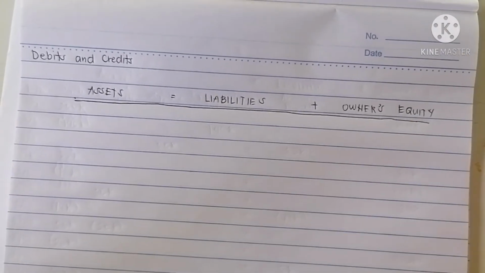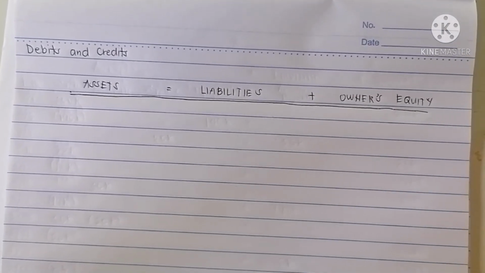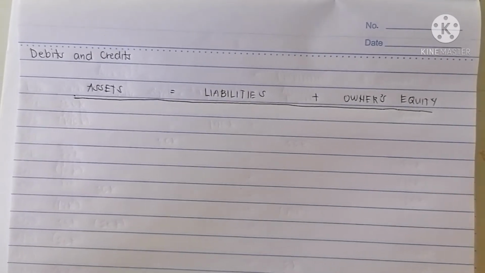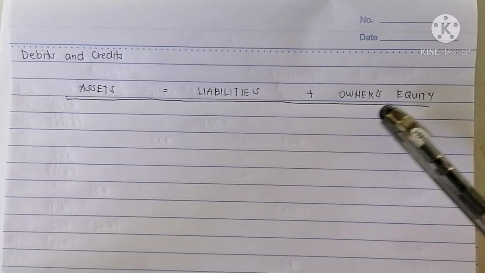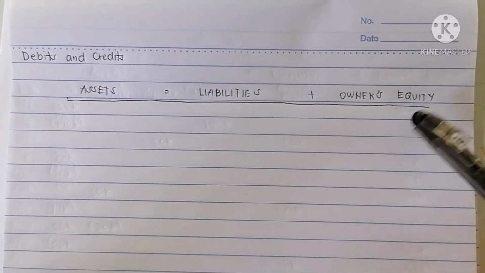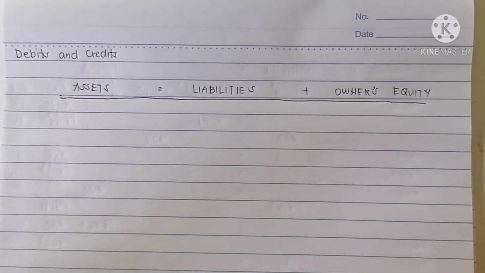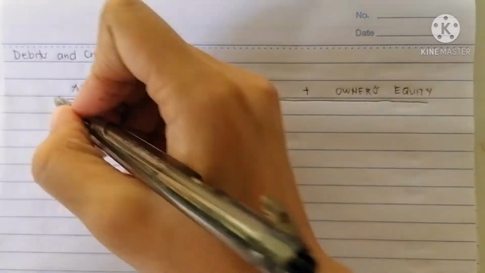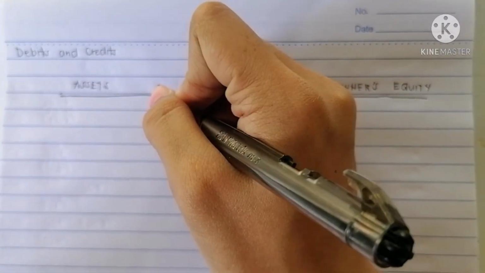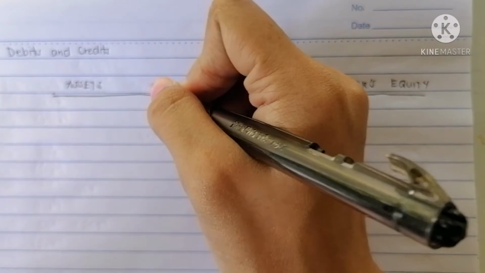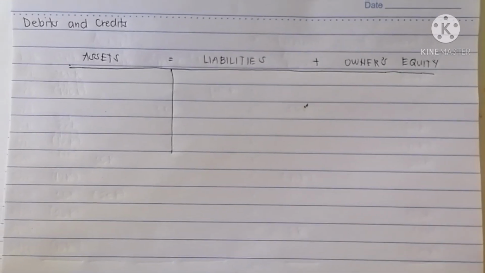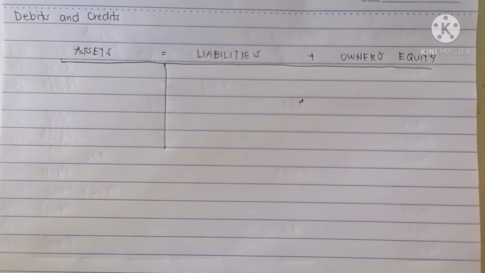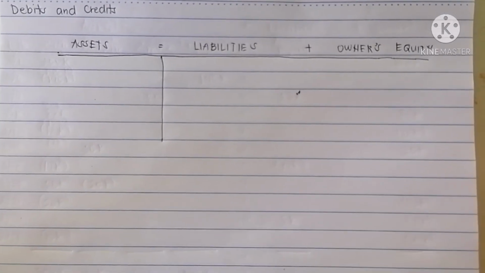For further discussion of debits and credits, let's go back to the basic accounting model. Assets equals liabilities plus owner's equity. Let's make this basic accounting model a single T account, and this equal sign will be the one that separates the two. It means if you put a figure on the left side of the T account, it is debited.